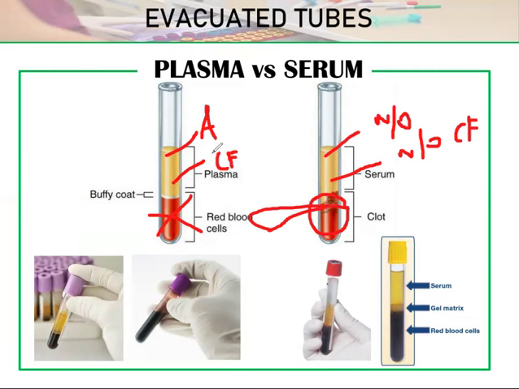So again, clotting factors are only present in our plasma, because it did not undergo clotting or coagulation, therefore nothing was consumed. As for our serum, there are no clotting factors present in the liquid portion because they were already consumed in the clotting process. So I hope that one is clear.